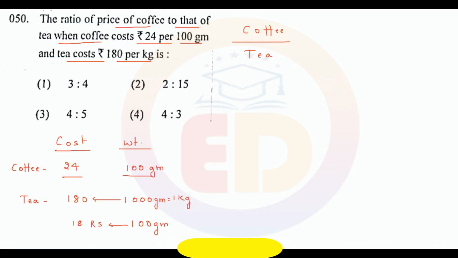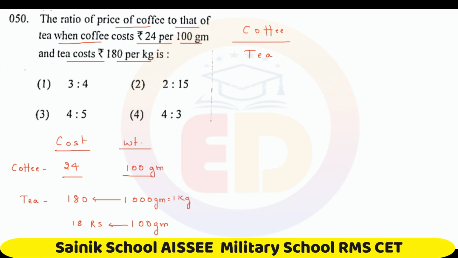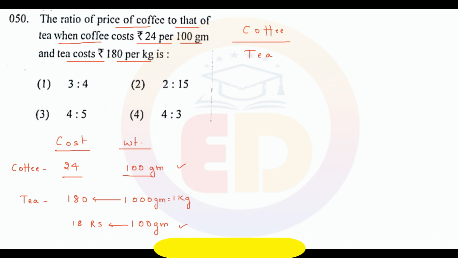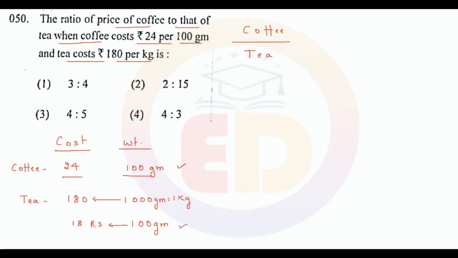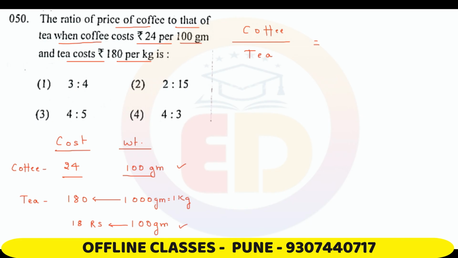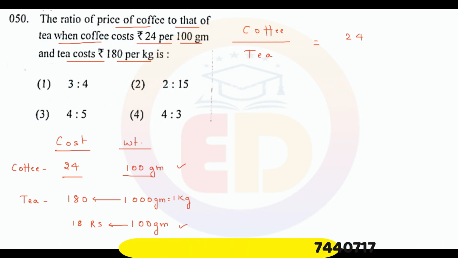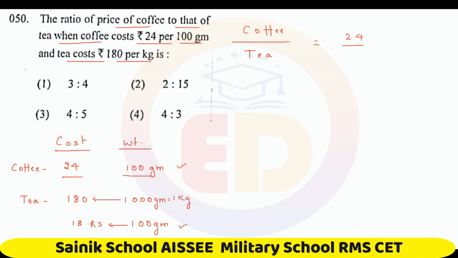Now we have the price of coffee as well as the price of tea for 100 grams of equal weight. So let's solve them. Coffee will go to the numerator. This will also impact the answer, since they are asking to find the ratio of coffee to tea.